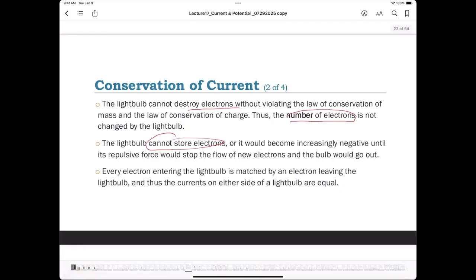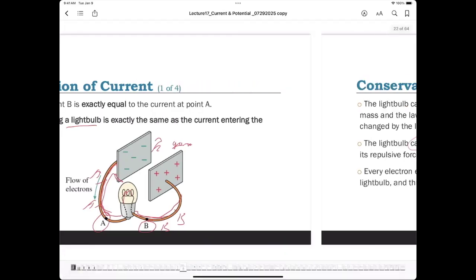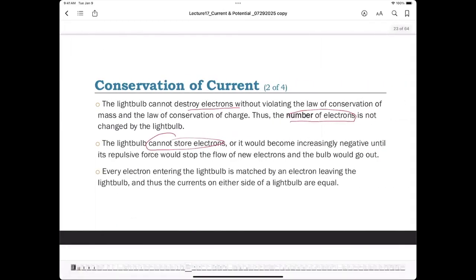Which means you can see this is like a capacitor. After the capacitor goes neutral, there is no electric field through here, and the bulb would go out because there is no flow of electrons if there is no electric field.